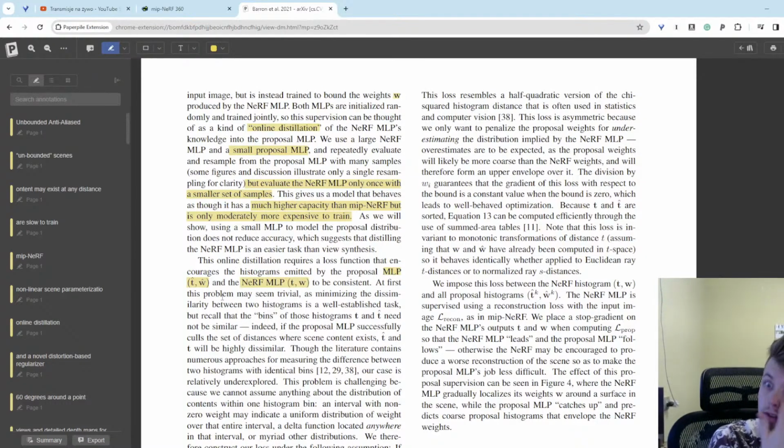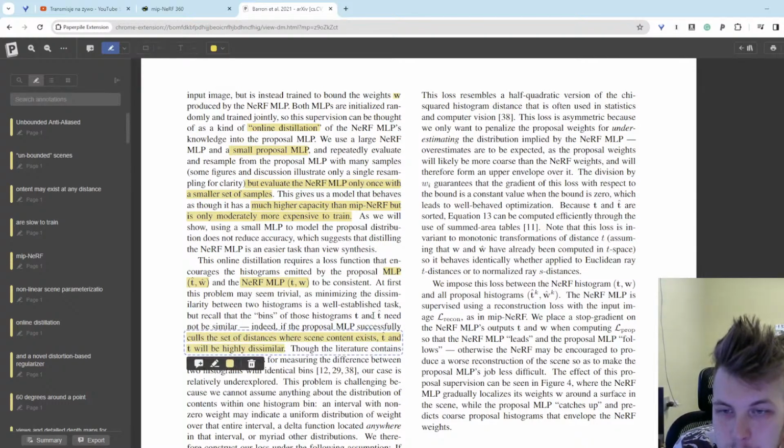So we want this to align with the actual NeRF MLP histogram. At first, this problem may seem trivial, as minimizing the similarity between two histograms is a well-established task, but recall that the bins of these histograms, T and let's say T prime, need not be similar. Indeed, if the proposal MLP successfully culls the set of distances where scene content exists, T and T prime will be highly dissimilar, right? So the idea is the bounds of the regions may be different for the NeRF MLP and for the proposal MLP.